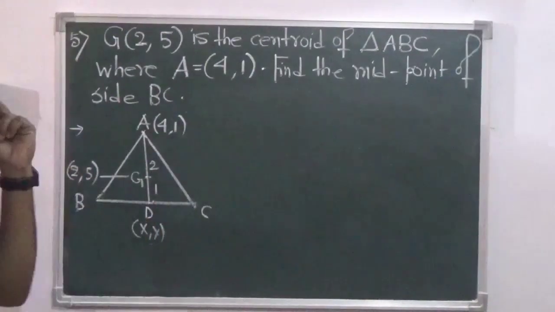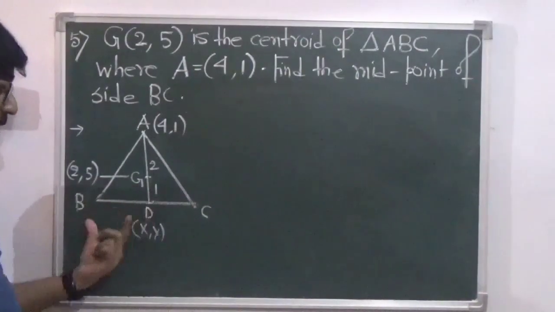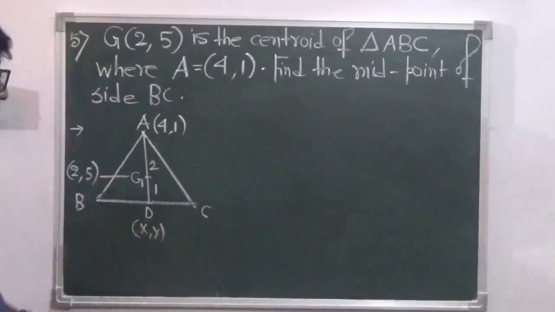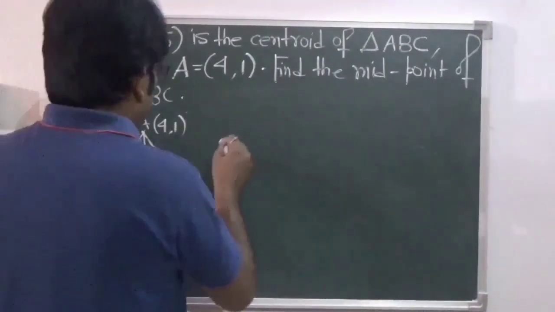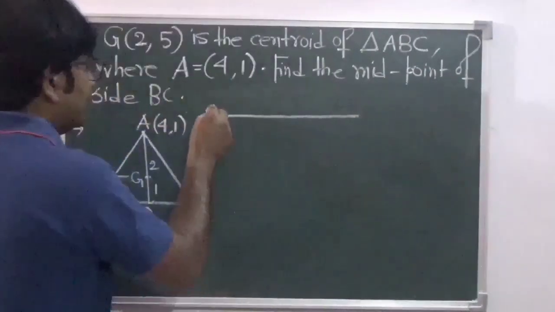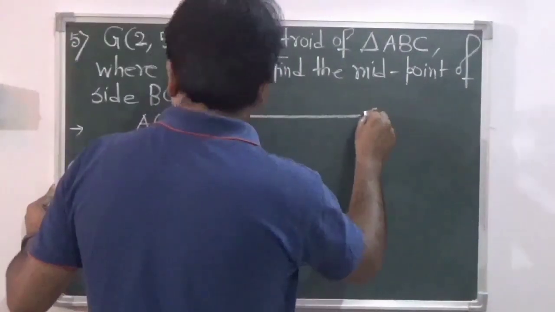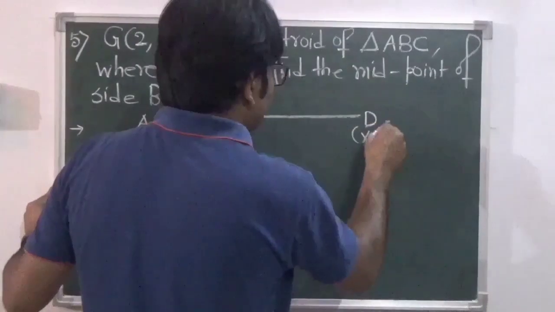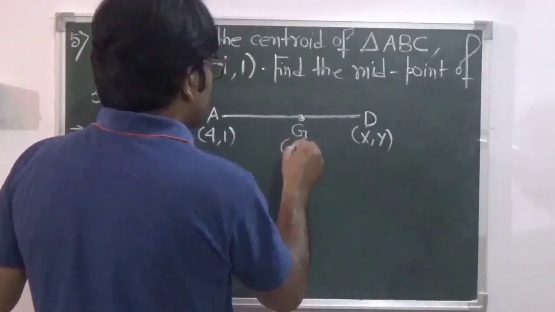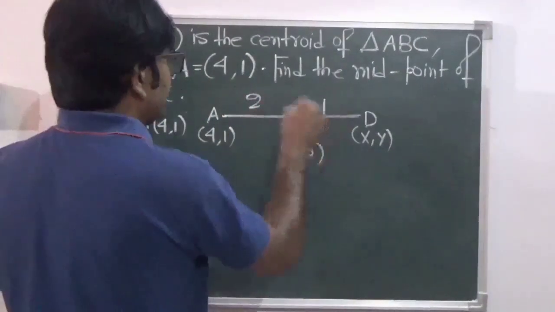D is the midpoint of the side BC, because AD is the median. If there is any confusion in the diagram, draw this line in a linear form: A is (4, 1), D is (x, y), and G is given as (2, 5), with the ratio 2:1.